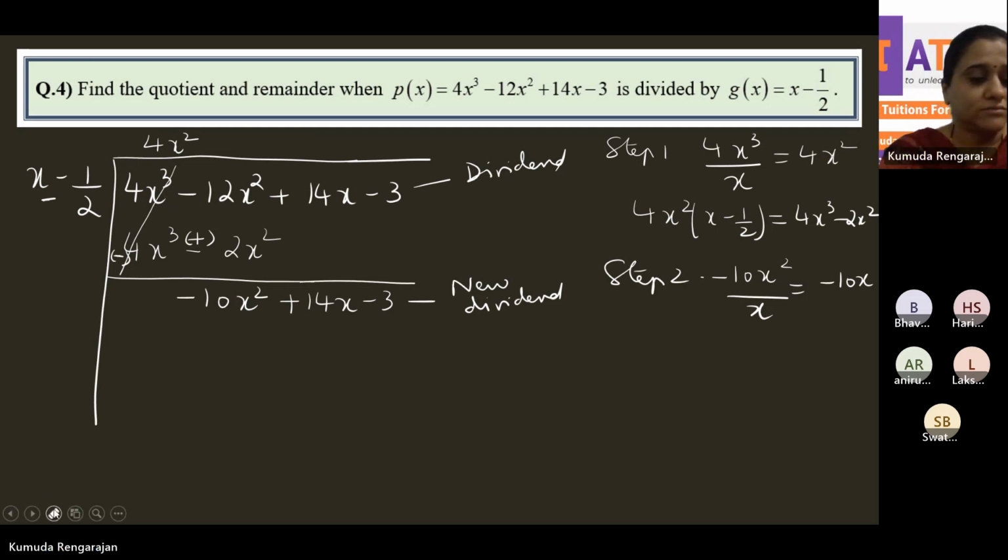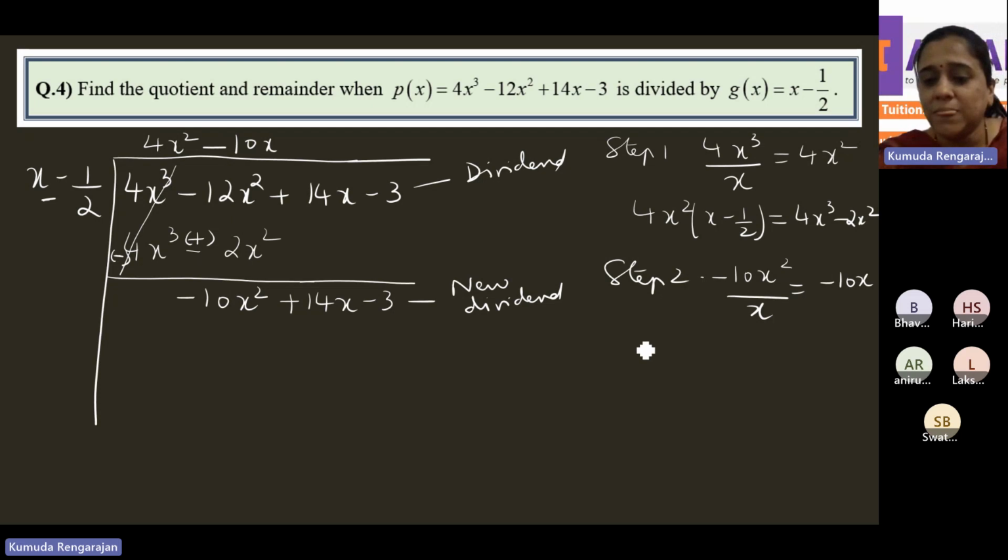That is the second term in the quotient. Now, as we did earlier, we should multiply minus 10x with the divisor x minus 1 by 2.